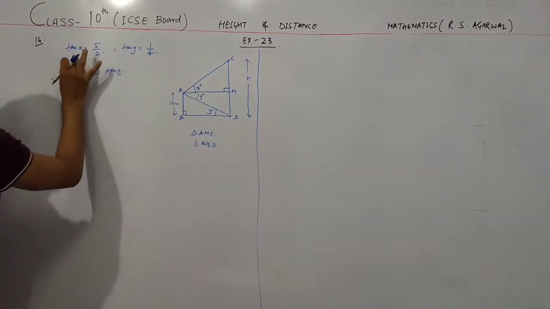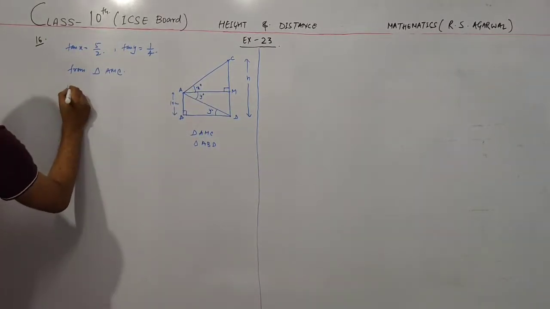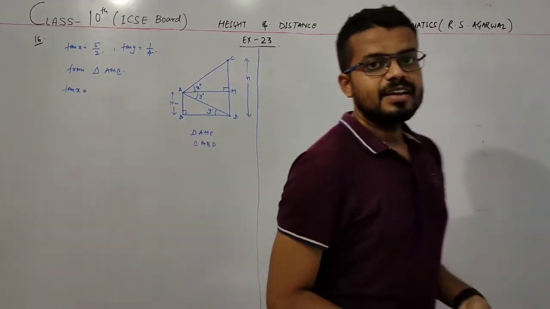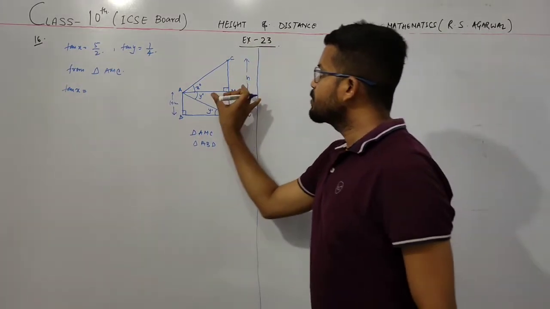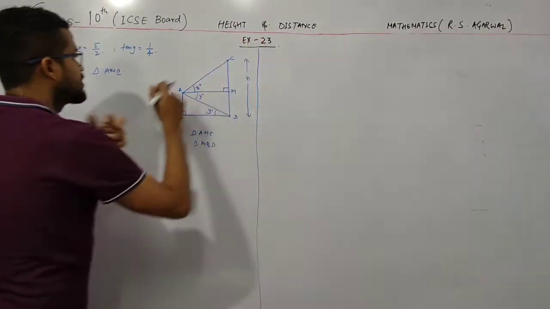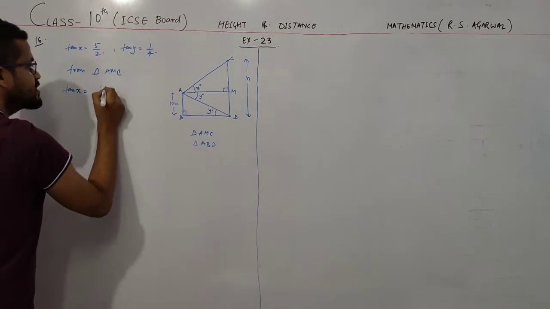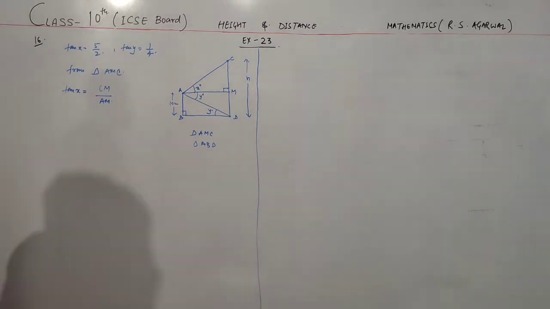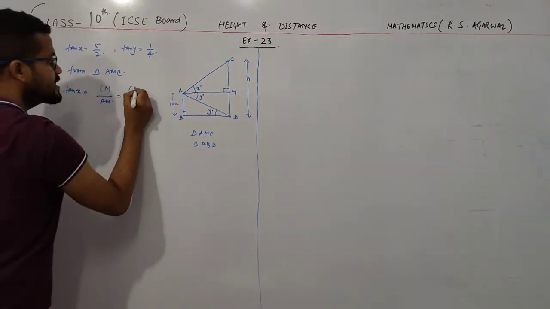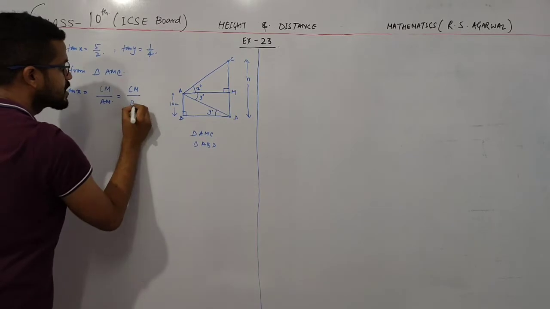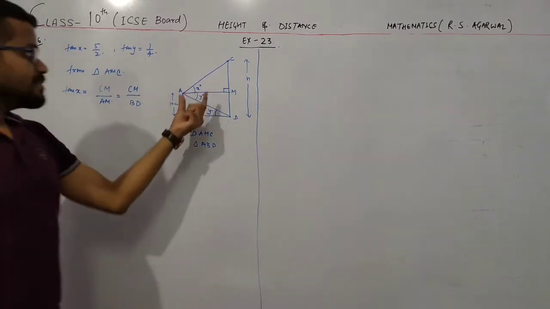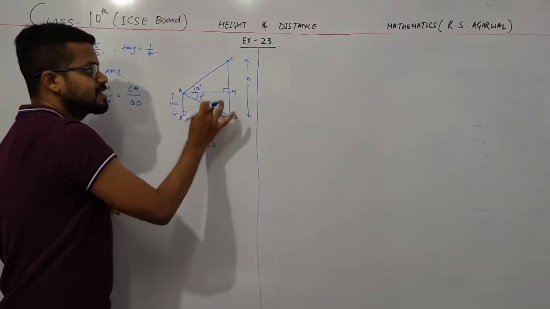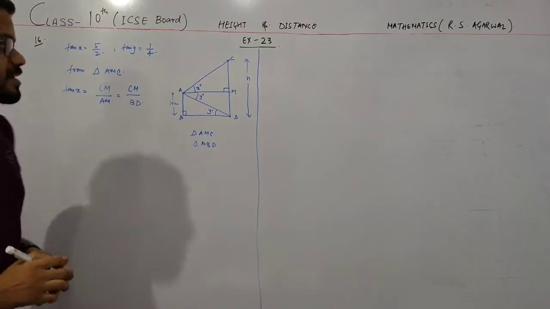In the question the value of tan x is given, so I write tan x is equal to, and the trigonometric ratio tan is the ratio of height upon base. So this is the height CM upon the base AM. Now I can write AM as BD because this is a rectangle and both are equal.